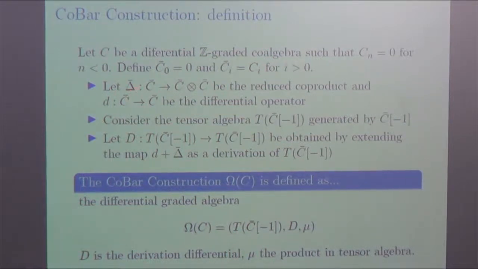Then you take the coproduct in this coalgebra, and you kill the components of the coproduct that live in these 0 elements. So this is the reduced coproduct. And then you can also restrict the differential, because remember, this is a differential coalgebra. So there's a differential operator, and the delta here is a chain map. These are chain complexes, and delta is a chain map.